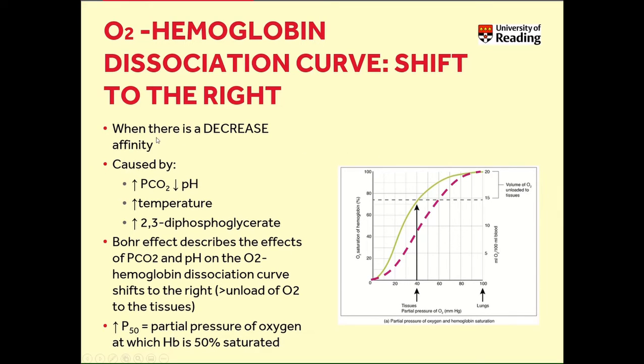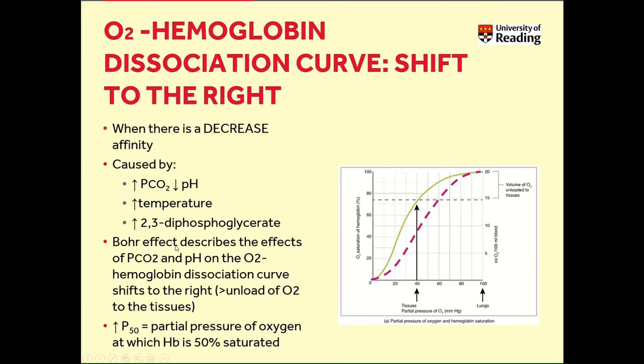Anyway, going back to the causes that are responsible for the shift to the right of this curve. The increase of partial pressure of CO2 and the decrease of pH, and the impact of these factors on the dissociation curve, are described as the Bohr effect.